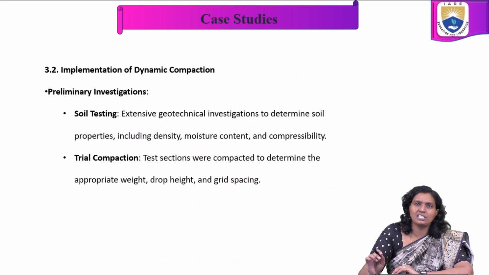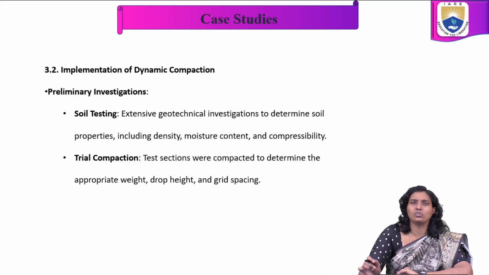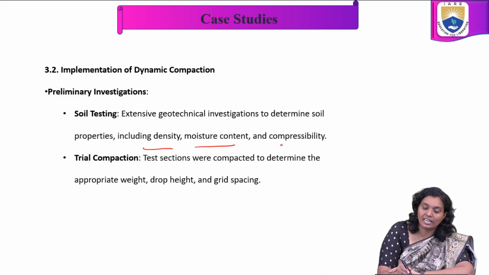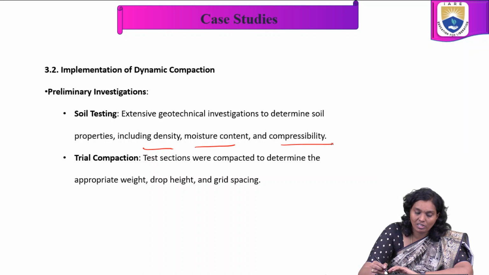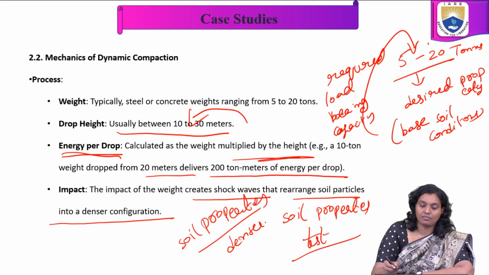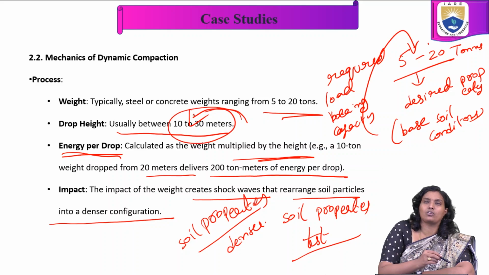In implementing dynamic compaction, some preliminary investigations are required: soil testing and trial compaction. An extensive geotechnical investigation is needed to determine soil properties including density, moisture content and compressibility. According to these properties, we choose the weight range and how much drop height.